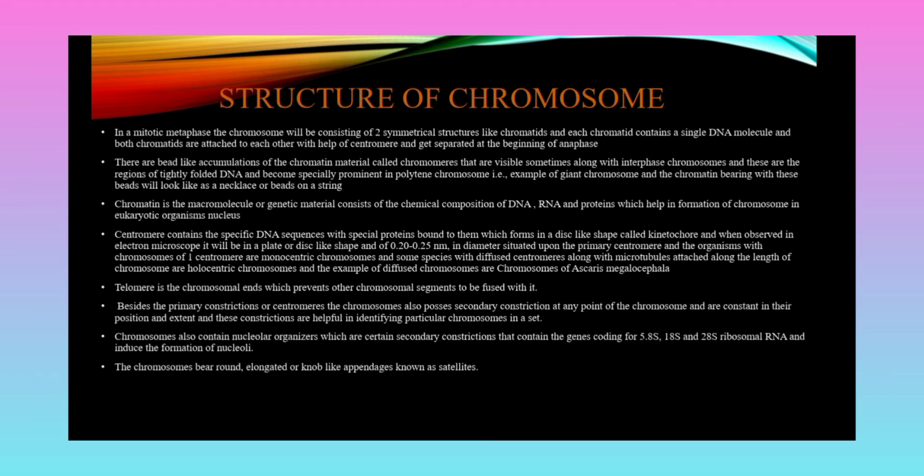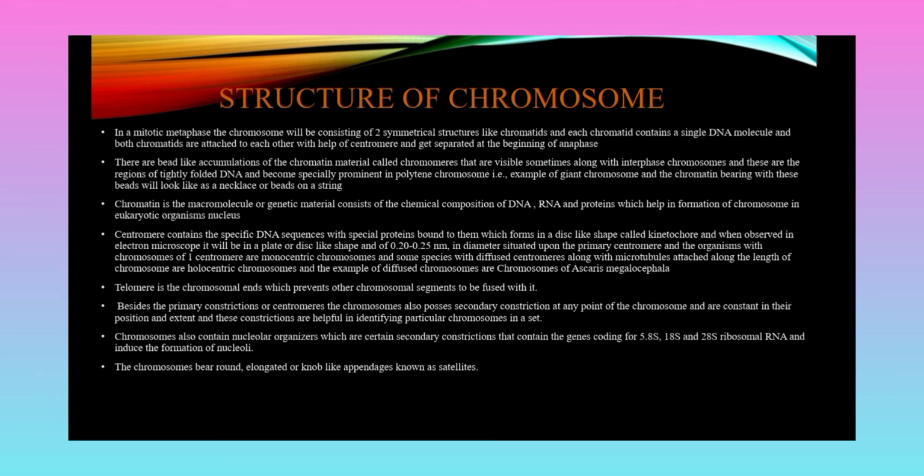Organisms whose chromosomes have one centromere are known as monocentric chromosomes. If they have two, it is called bicentric. In some species, the centromeres are fused, with microtubules attached along the length of the chromosome.